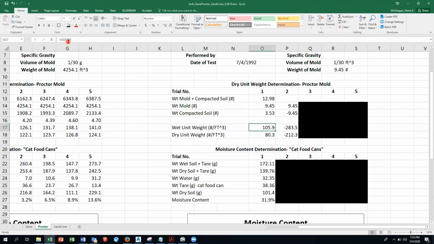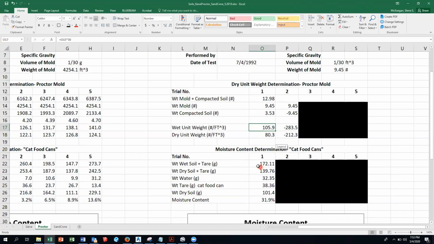It's this cell times 30, and that's your wet unit weight. We'll talk a little bit about dry unit weight tonight, but a lot more on Thursday.